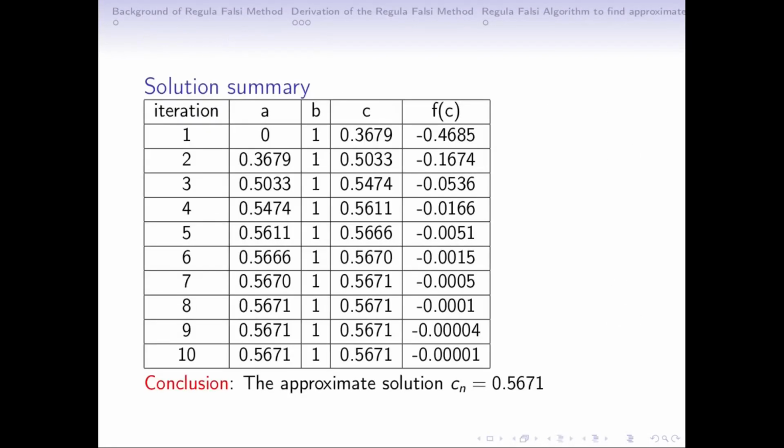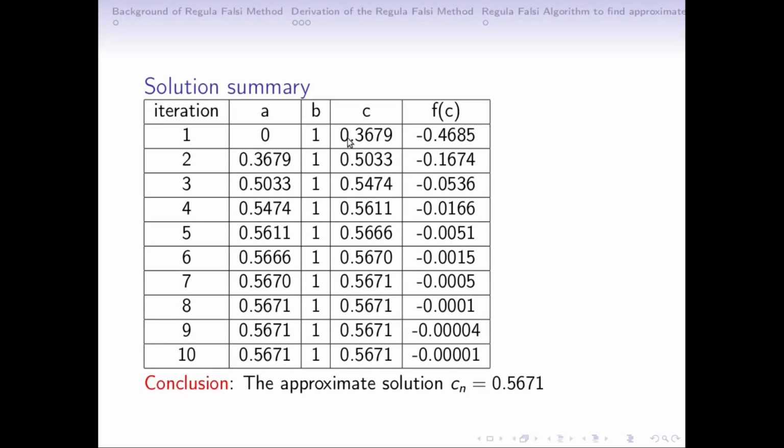So this is the summary of this regular Falsi method. When you are given the interval A and B, we check the functional value of A and B. Once the product of it is less than 0, then it tells us our C, the root, exists. We find our C here.